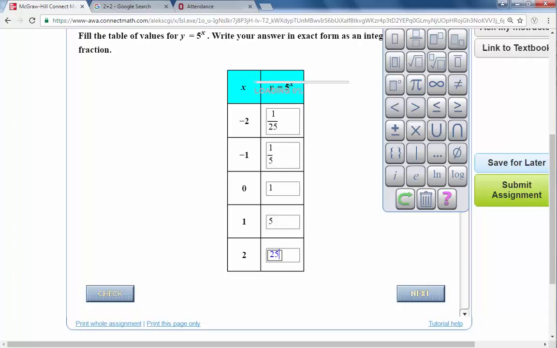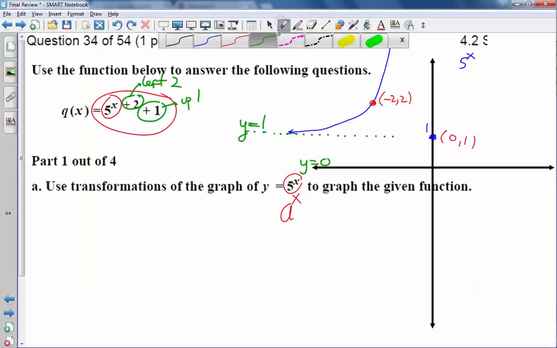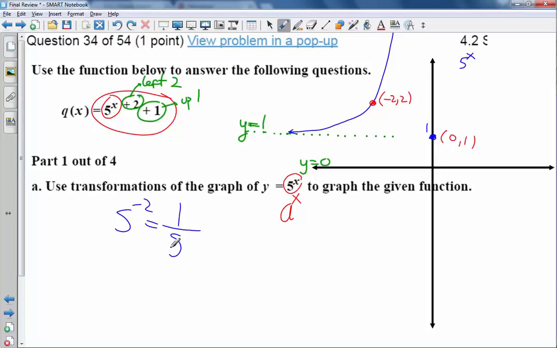It's negative. Okay. 5 to the -2 is actually 1/5 squared, right? You turn the exponent into positive and make this 1/25. If you write this in decimal, it says incorrect. Be careful.